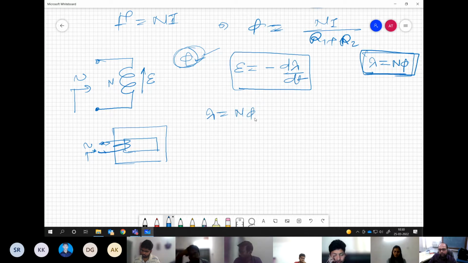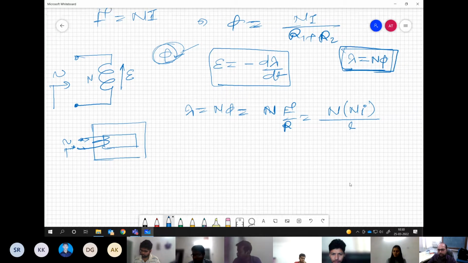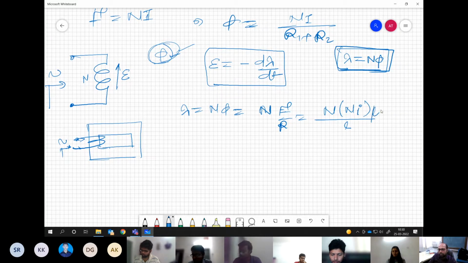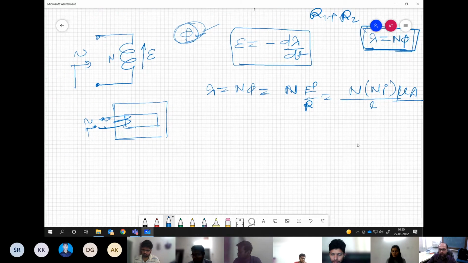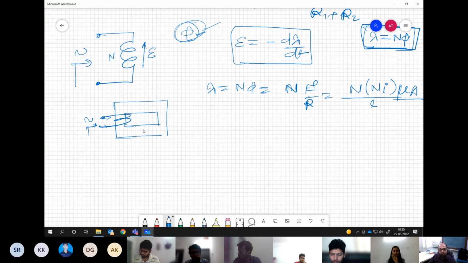Now we know that phi is basically MMF by R. MMF again we can write in terms of the number of turns and the current flowing in the coil. Then reluctance has a similar definition, L divided by mu A. And this is true even for a coil which has an air core, but the length should be more. It cannot be just one turn. So these assumptions we need to have.